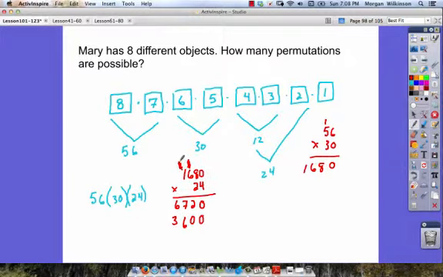We'll carry our 1. 2 times 1 is 2, plus 1 more is 3. So we get a 0, a 2. 7 plus 6 is 13, and we carry our 1. 6 plus 1 is 7, plus 3 more is 10. Carry our 1. We've got our answer. We've got an answer of 40,320 permutations.